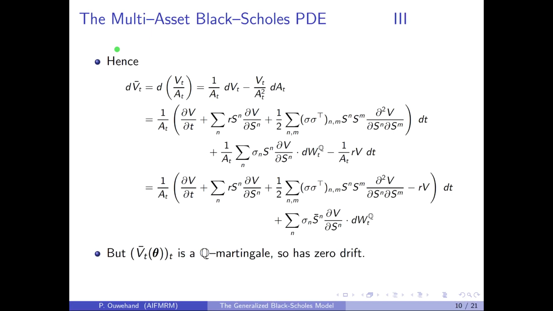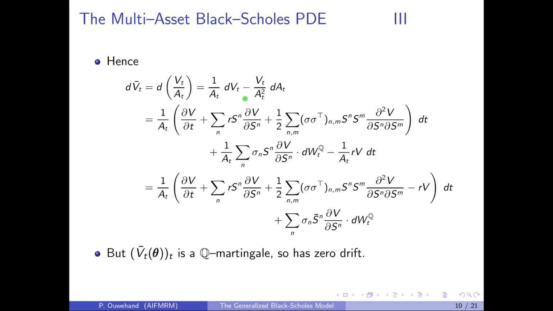Let's now apply the Ito formula to the discounted value process. Recall that the discounted value process is just the value process divided by the bank account. Also, the bank account is a finite variation process. In other words, it will not contribute to any covariation terms, and hence by Ito's formula, d of the discounted value process is given as follows.